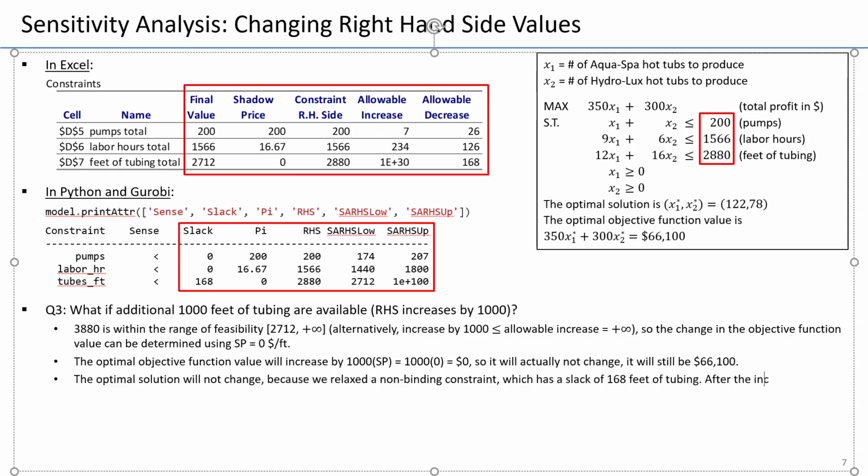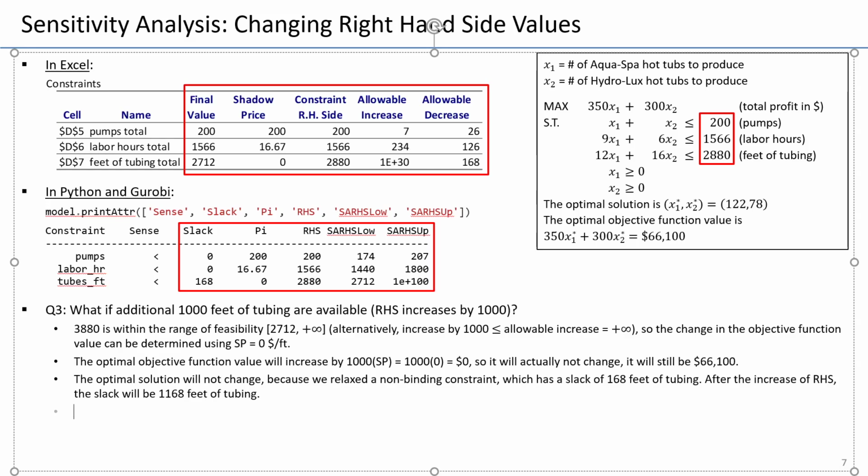After the increase of the right-hand side, the slack will be 1,168, right? The additional 1,000 feet of tubing. So all we did is we increased the slack. It was not binding, and we just relaxed it, meaning that we allow more feasible solutions, but no new feasible solution is actually better than the one that we determined as optimal before, right?